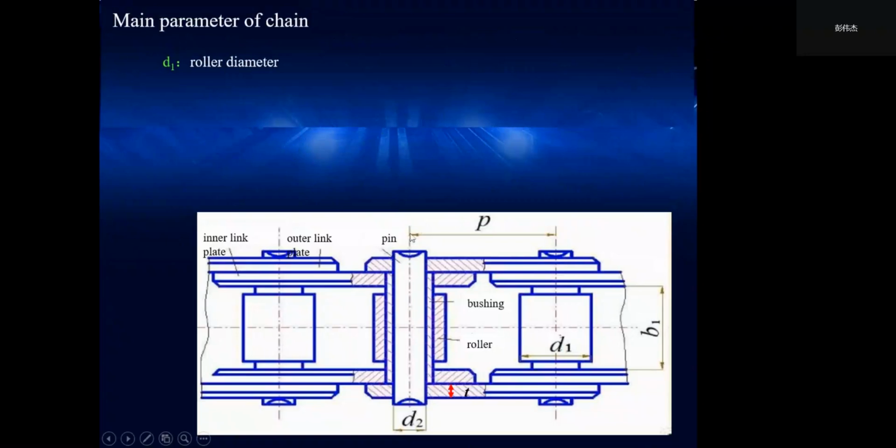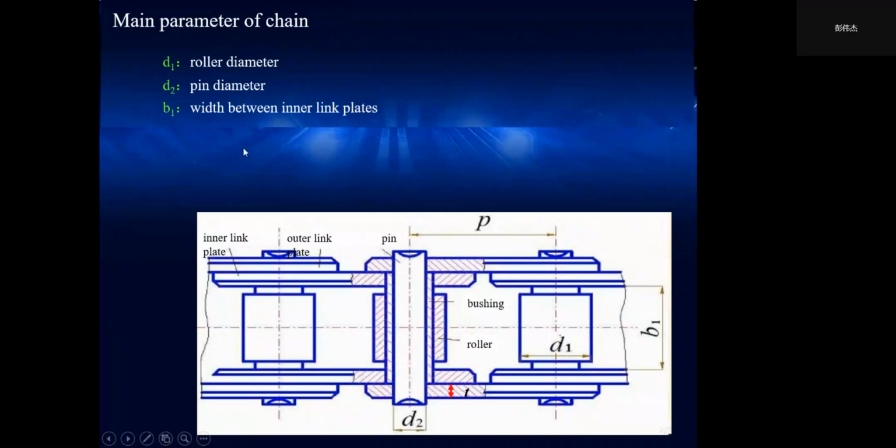The P is the pitch and is the distance between sprocket teeth, and it identifies the dimensions of a roller chain. D1 is the roller diameter. It determines the shape of sprocket tooth.